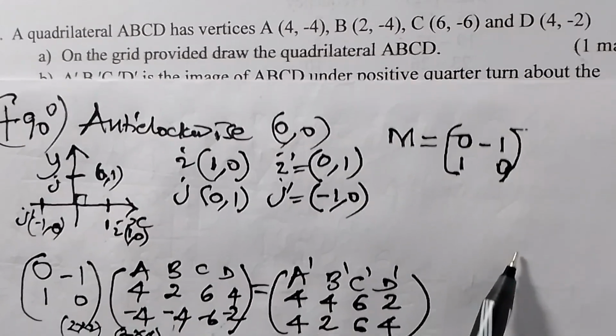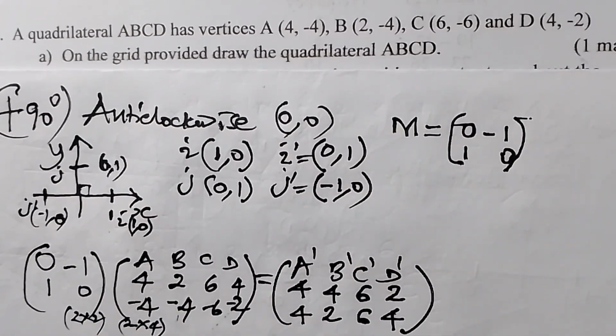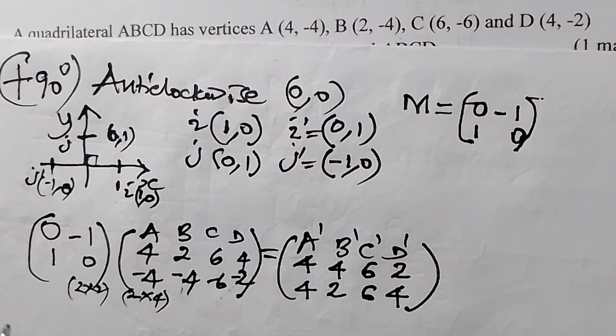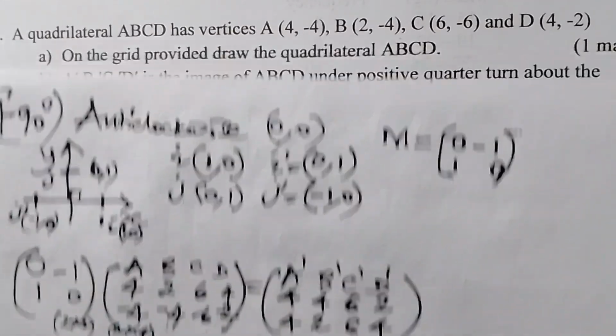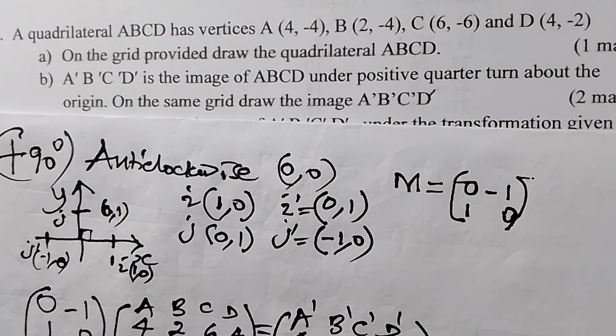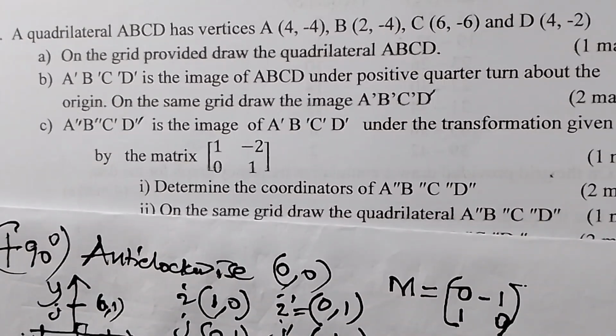So let us get this matrix. We call it now matrix N. N is given by 1, 0, negative 2, 1.